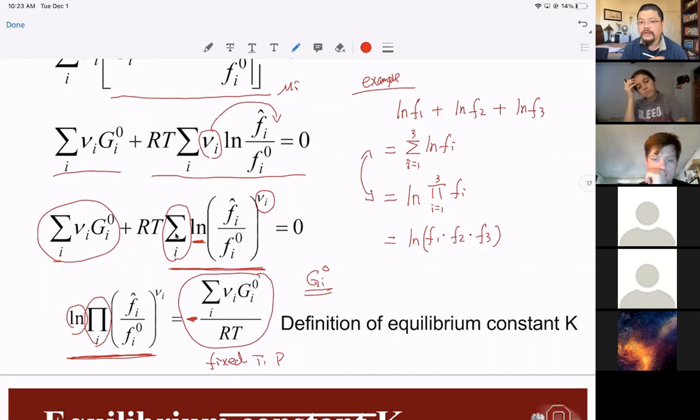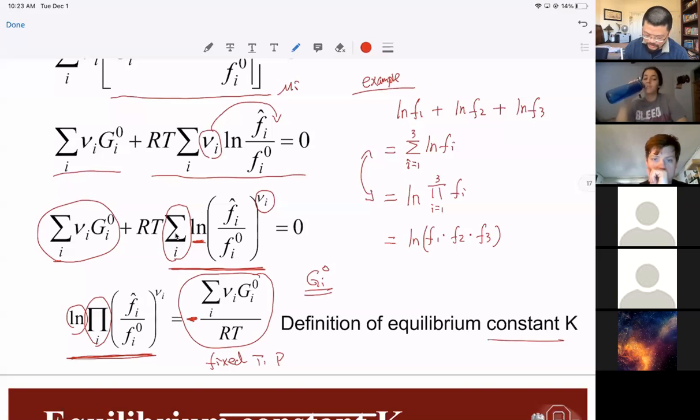How about the left-hand side? That's our favorite fugacity calculation. So far, I have no idea. If we run out of ideas, let's just name a new parameter.